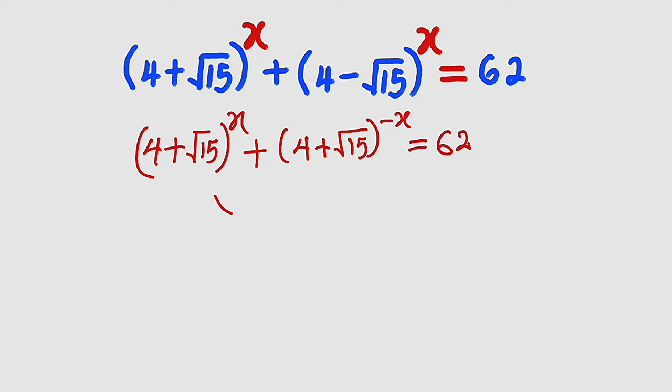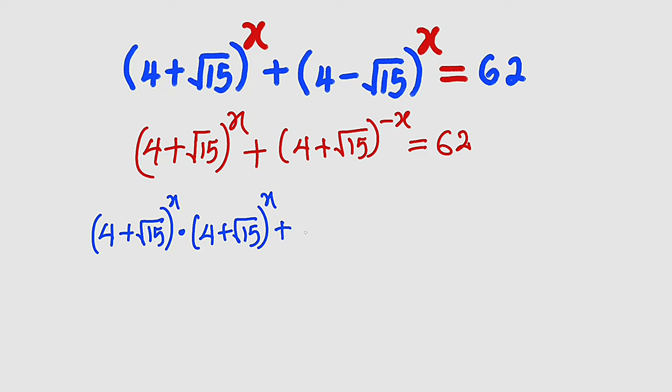Now I would like to multiply all three terms by (4 + √15)^x. Let me start from the first one. We have (4 + √15)^x multiplied by another (4 + √15)^x.